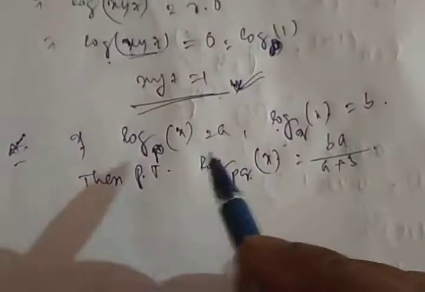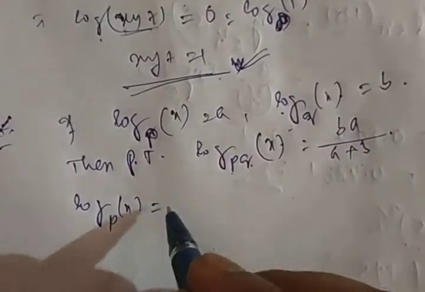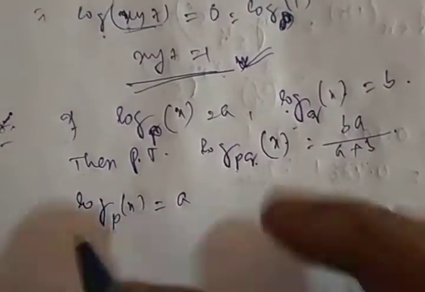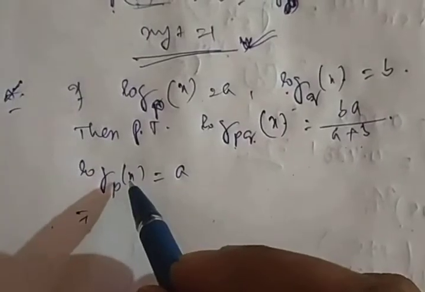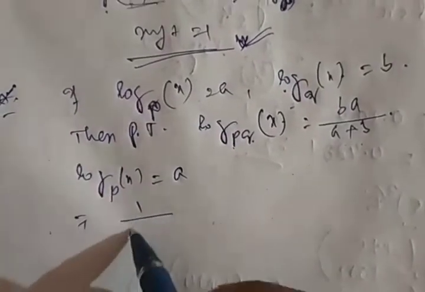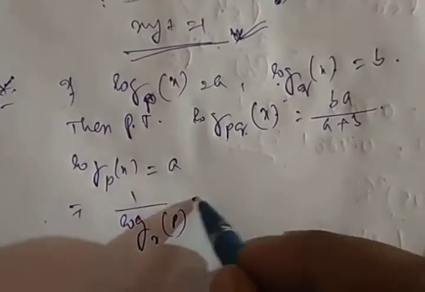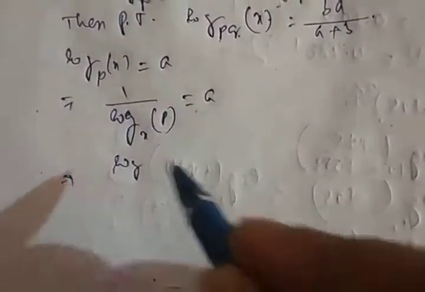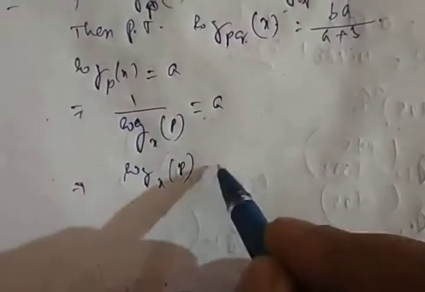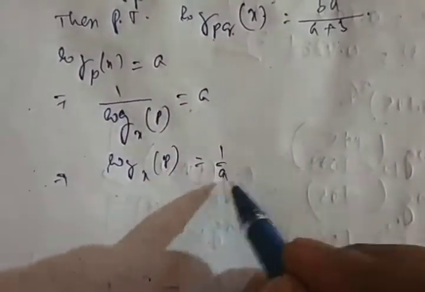So this is given: log of x with respect to base p equals a. Now using the formula, base and value will be interchanged, so log of p with respect to base x equals 1 by a.